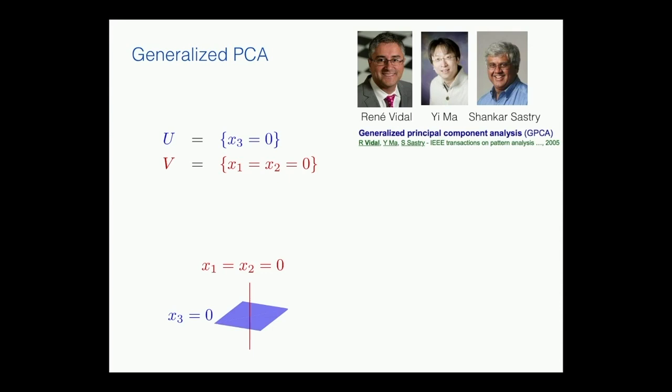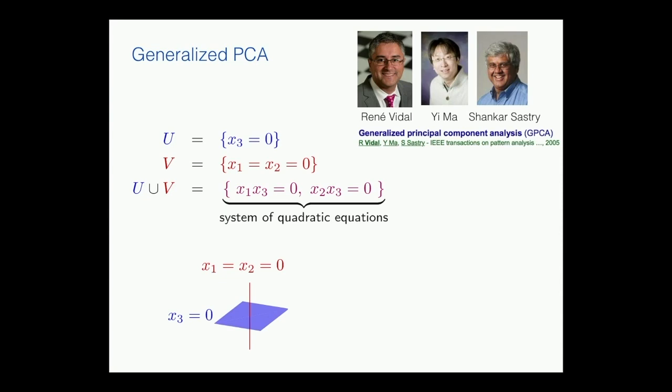Well, they said, look, if I have two linear varieties, two subspaces, U and V, for example, the x1, x2 plane, and then just the x3 coordinate, that's two linear subspaces. The union of them can be written as a system of quadratic equations.